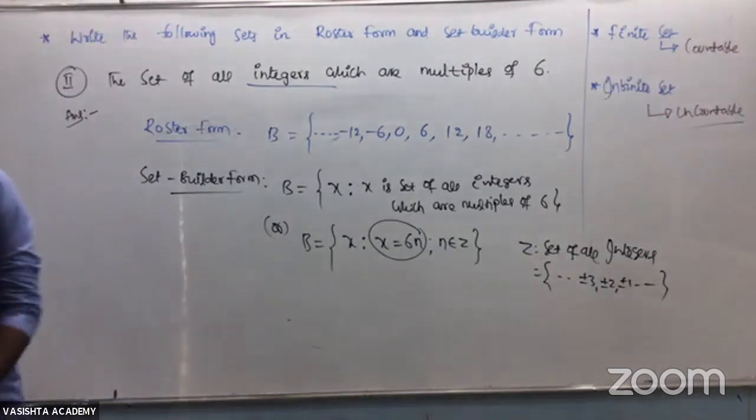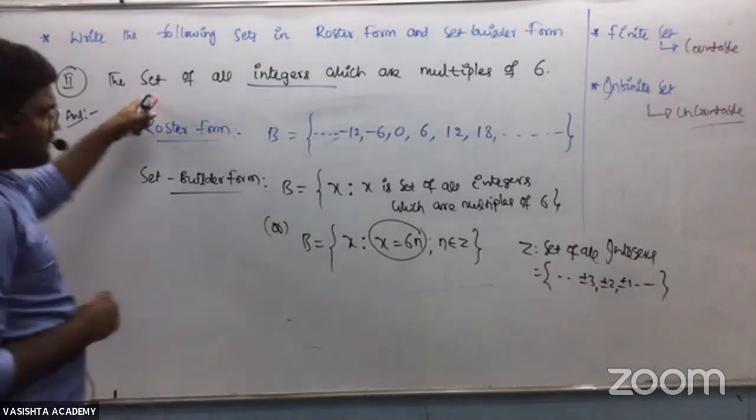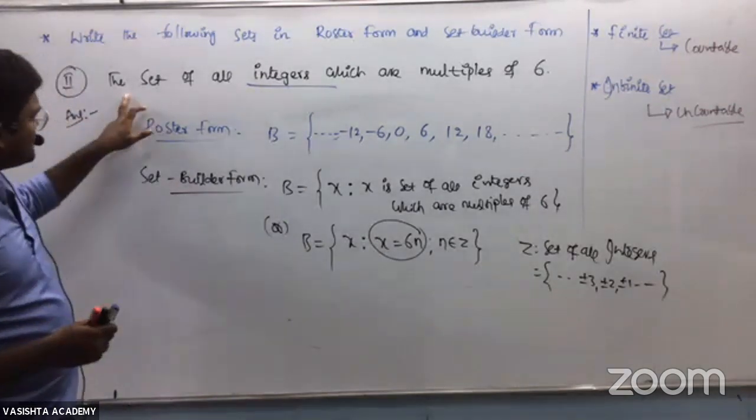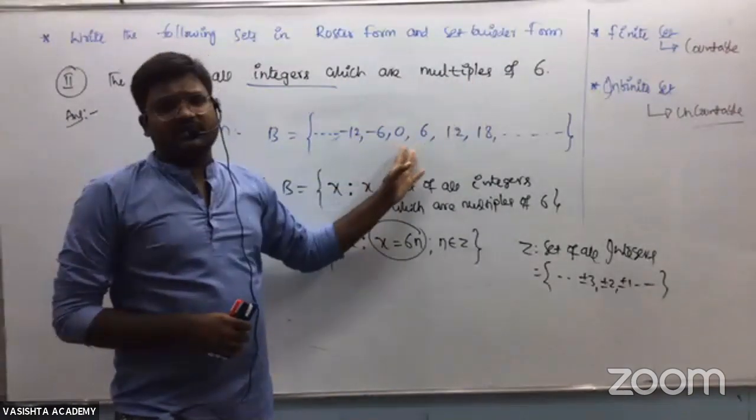Praveen Patel, yes, it is compulsory, depending on the given question. He just said the set of all integers which are multiples of 6, so it is an infinite set.